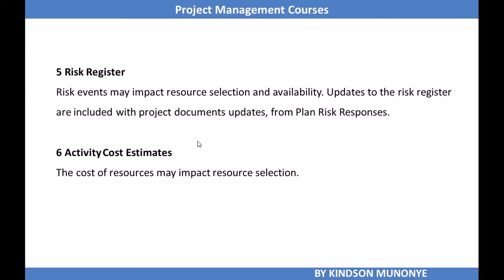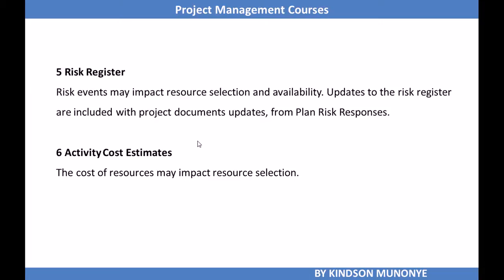So the risk register is an input to estimate activity resources, and then updates to the risk register are included with project document updates from the implement risk responses process. Take note that when we talk about project documents, the risk register is one of the project documents that has to be updated in the course of controlling the project.